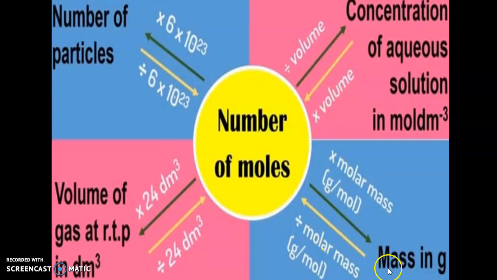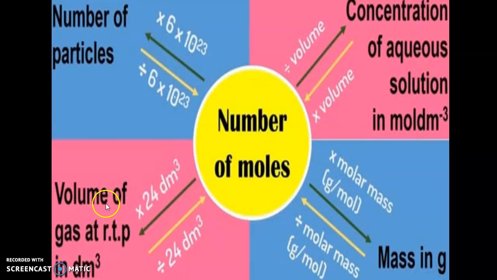Similarly, if you wish to calculate the mass from given moles, you multiply by the molar mass. But if the mass is given and you want to calculate the number of moles, you divide by the molar mass.